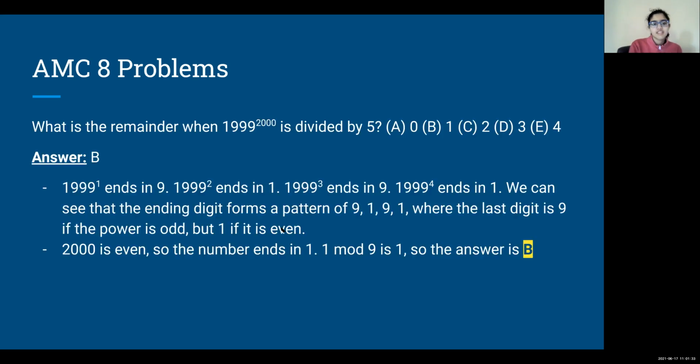You wouldn't have to do 1999 multiplied by itself 2000 times, because 1990 is divisible by 5. No matter what power it's raised to, that part mod 5 will always be 0.